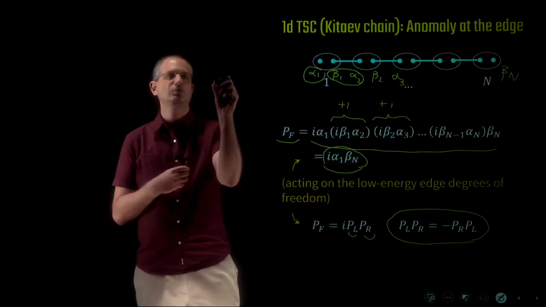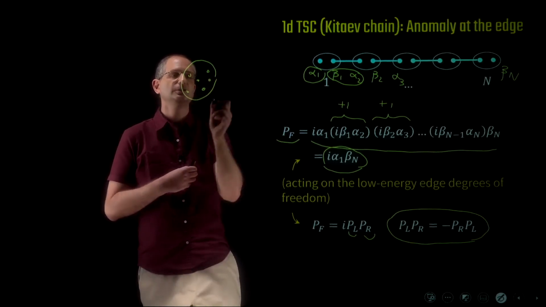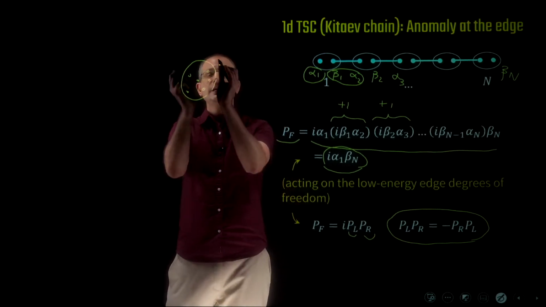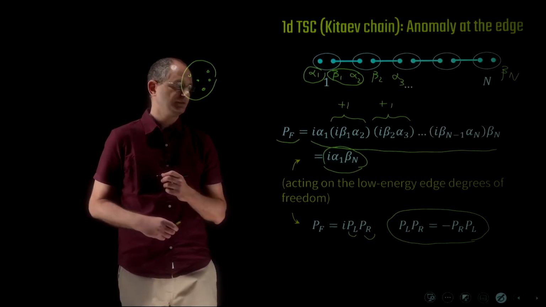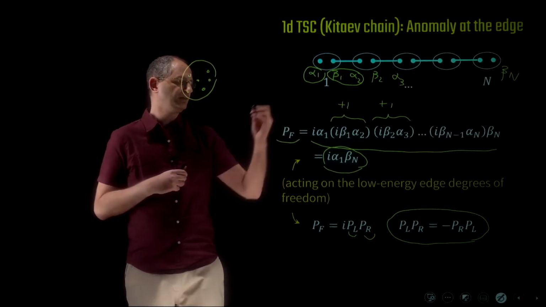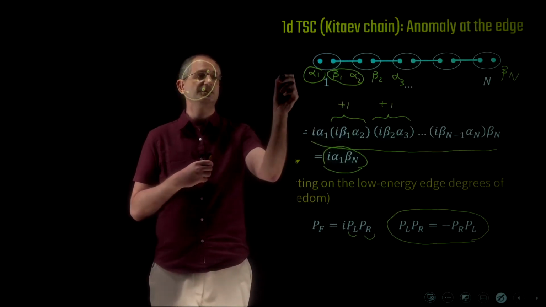If our system was just a quantum dot, okay, with some number of sites, this quantum dot would just have one fermion parity operator, which contains an even number of fermionic operators. And that means that it would commute with the fermion parity operator of any other fermionic system.